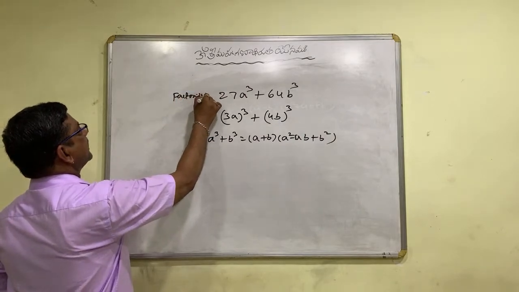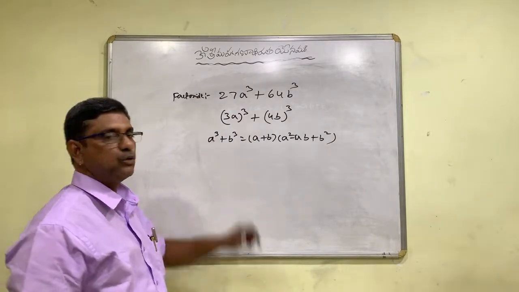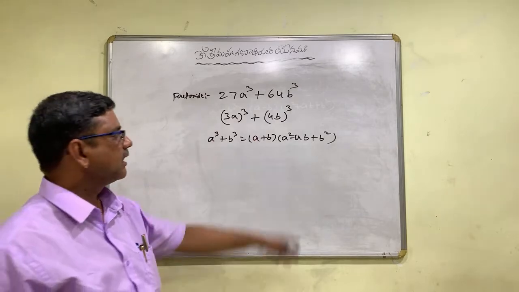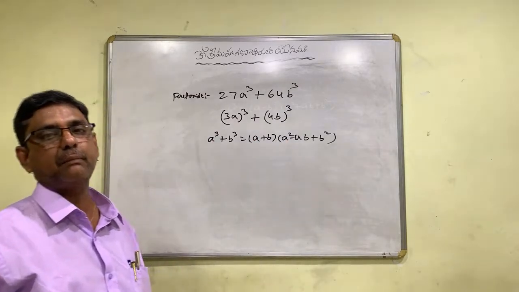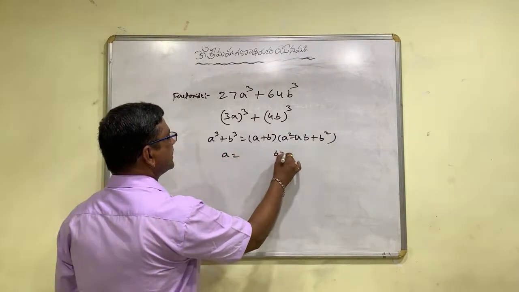Our question is factorize. So for a polynomial in the form of a cube plus b cube, one factor is a plus b and the other factor is a square minus ab plus b square. We just need to identify what is a and what is b.